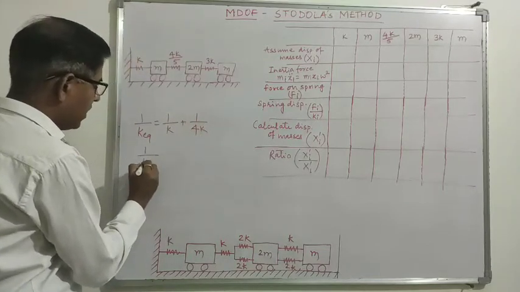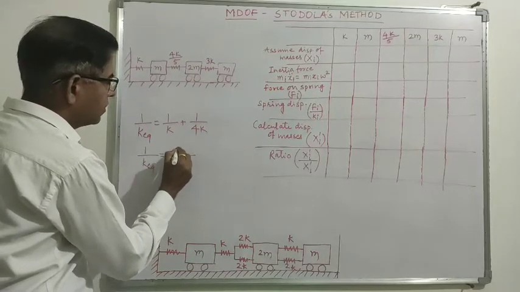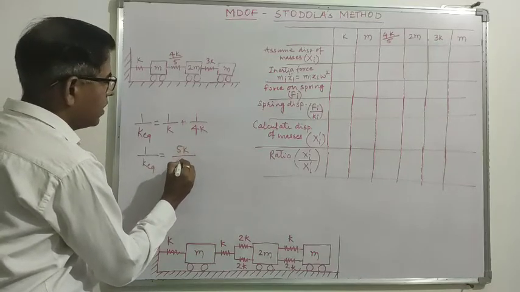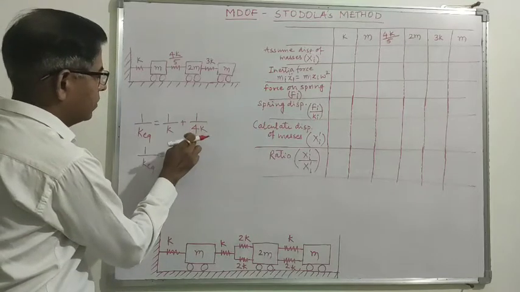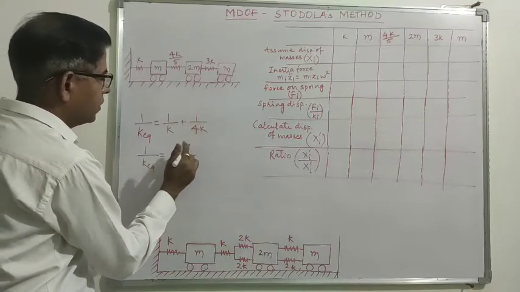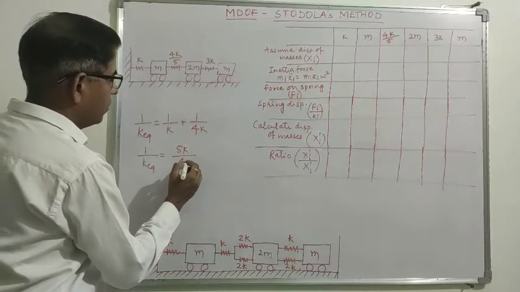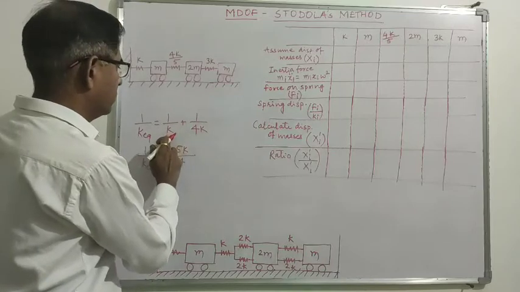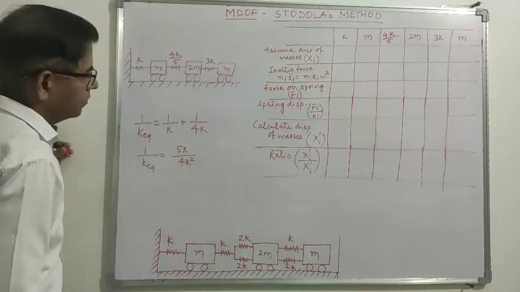So 1 upon K equivalent is equal to 5K by 4K square.